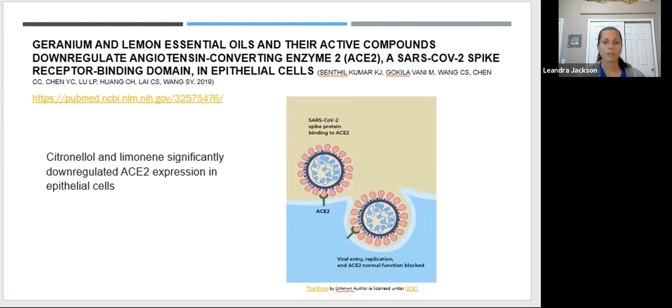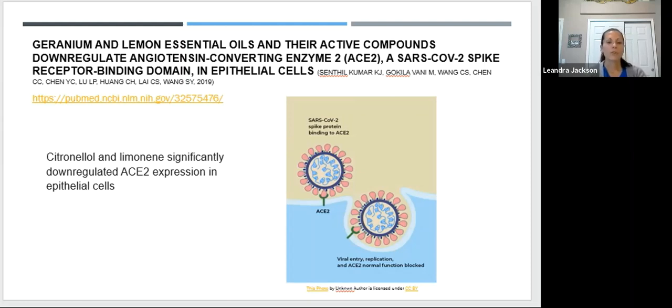The COVID-19 or SARS virus gets into the body, attaches to these receptors, and that's when it can take control and do what it does and make us sick. And it gets into the body through the epithelial cells and replicates. Citronellol is a constituent of geranium, and limonene is a constituent of lemon.